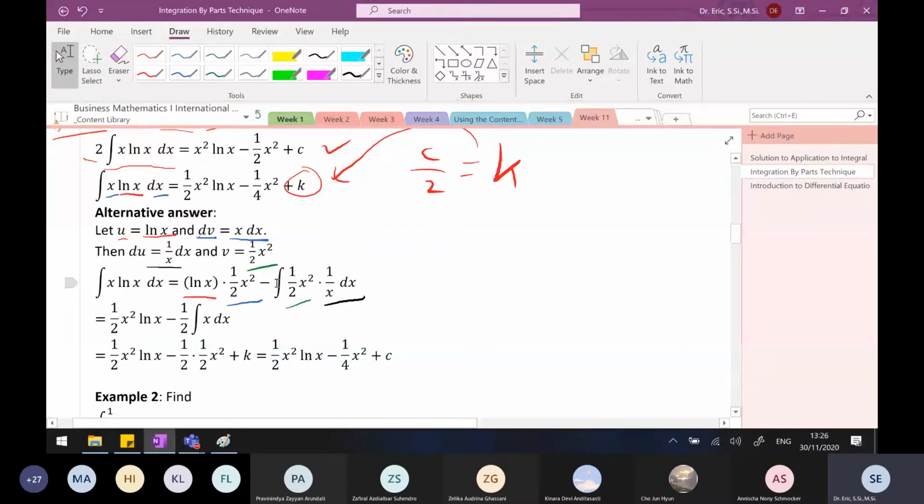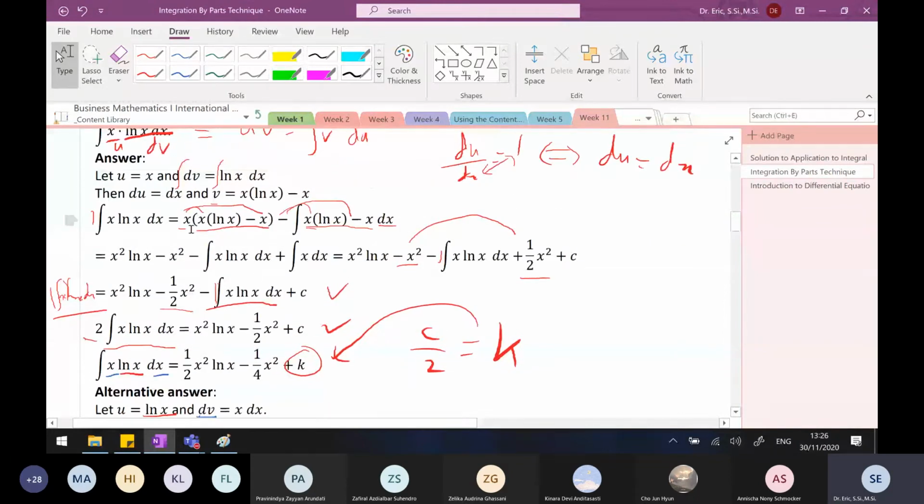A half can get out of the integral, minus a half. x squared and x cancel out, so I have integral x dx. And what is integral x dx? It is a half x squared plus a constant. So you have this times this, and in the end you have this. A shorter way. This is the alternative answer, the shorter way.